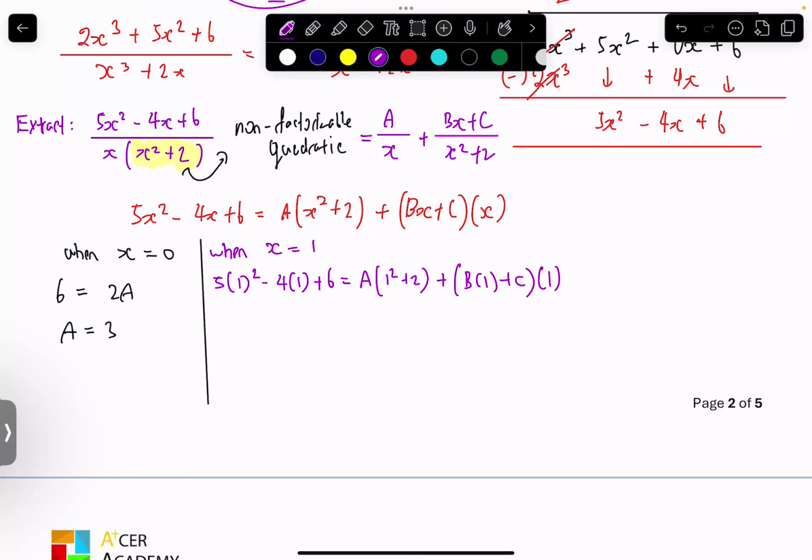Replace all the x terms with 1. So what we'll have is 7 equals 3A plus B plus C. Knowing that A equals 3, 7 equals 3 times 3 plus B plus C. So we end up with B plus C equals negative 2. That is my equation number 1.